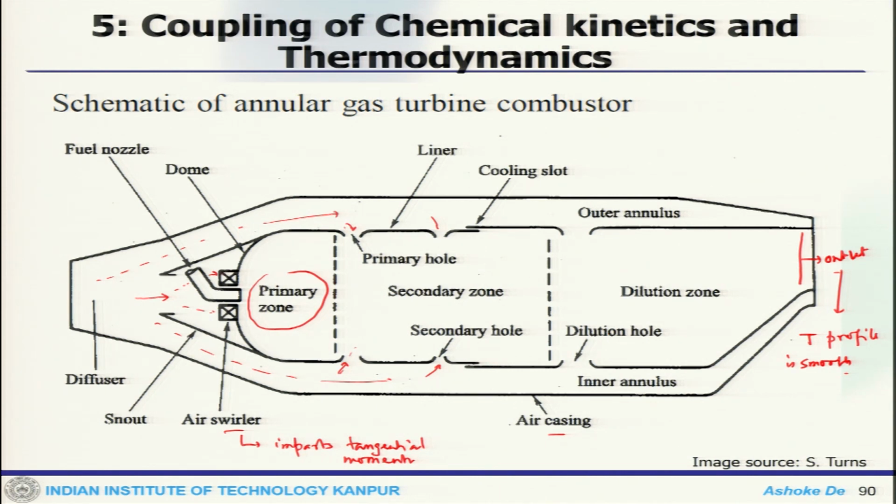There are also other advantages of doing these multiple injections, but at the end of the day what one wants is a smoother T profile. Once you have a smoother T profile, this will reduce your pattern factor, and that is one of the biggest design concerns for a gas turbine engine.